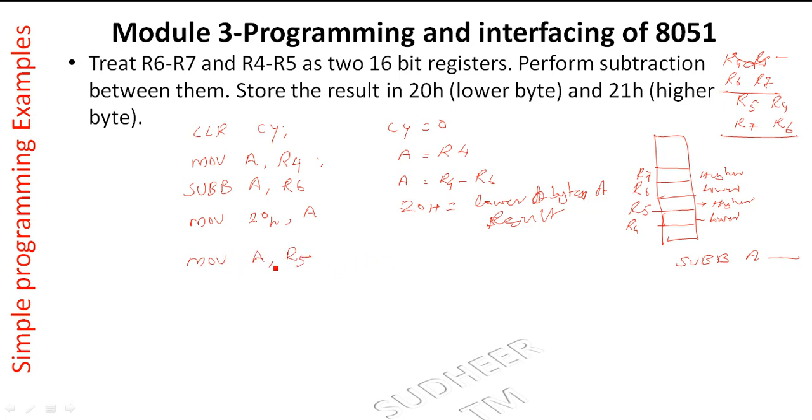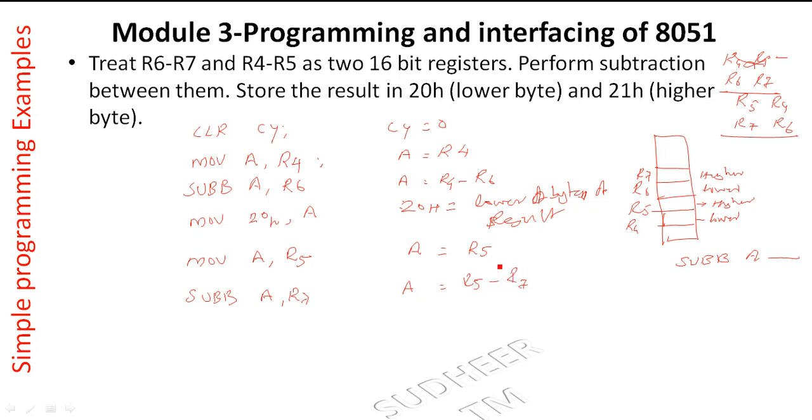So move A comma R5, and now the accumulator holds R5. Next we need to subtract R7. For that we can use the instruction SUBB A comma R7. So A is equal to R5 minus R7.